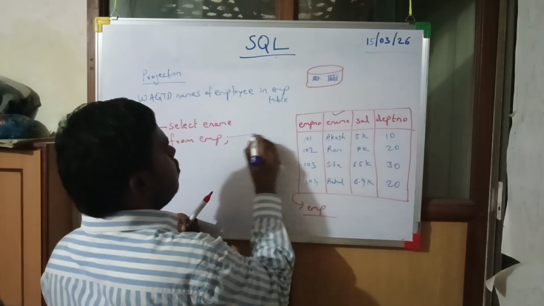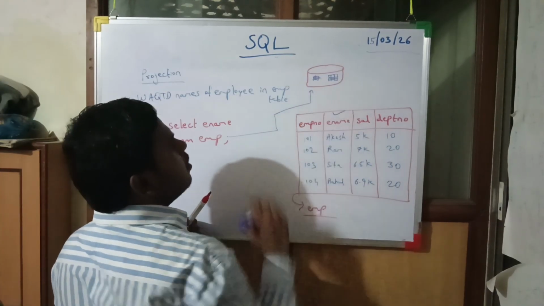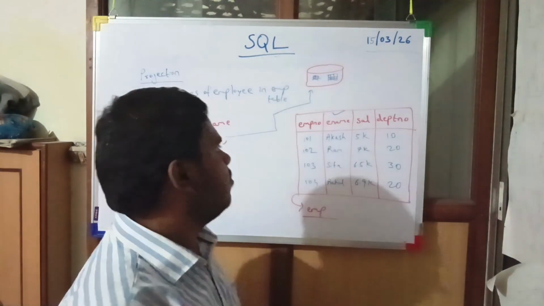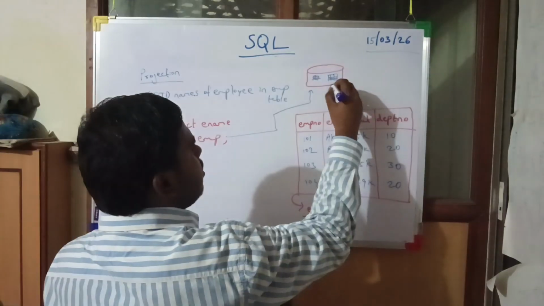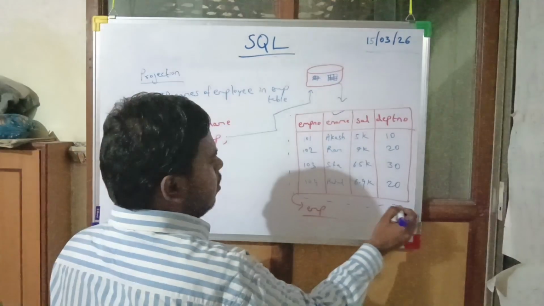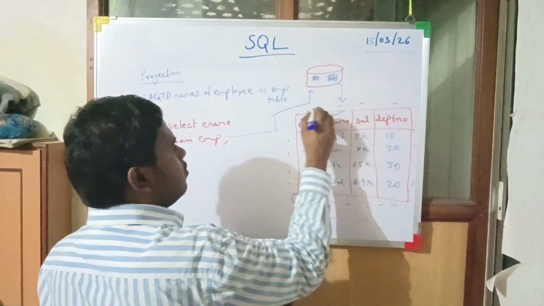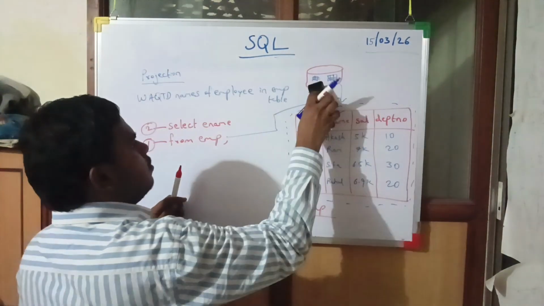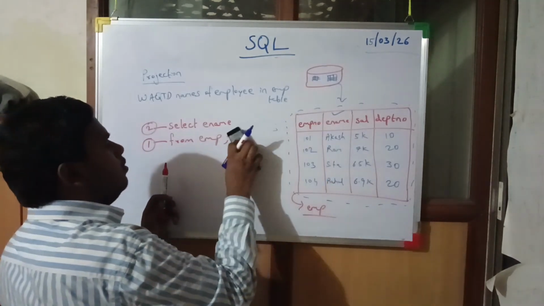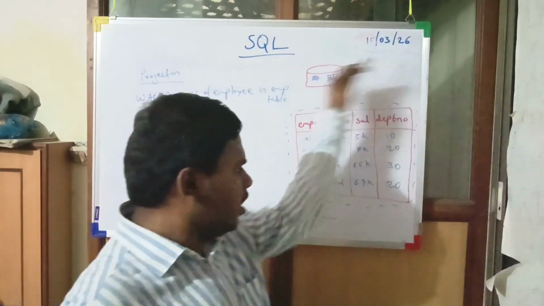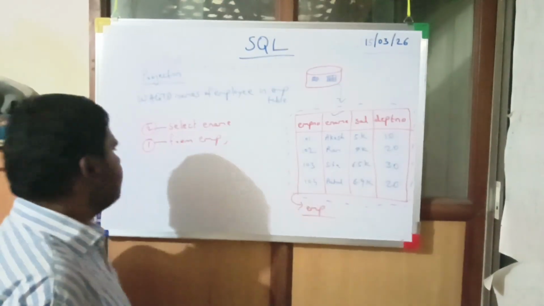It will go to the database. In the database there are multiple tables. It will search for the employee table, and after getting it, it puts the employee table under execution. Execution means under process.